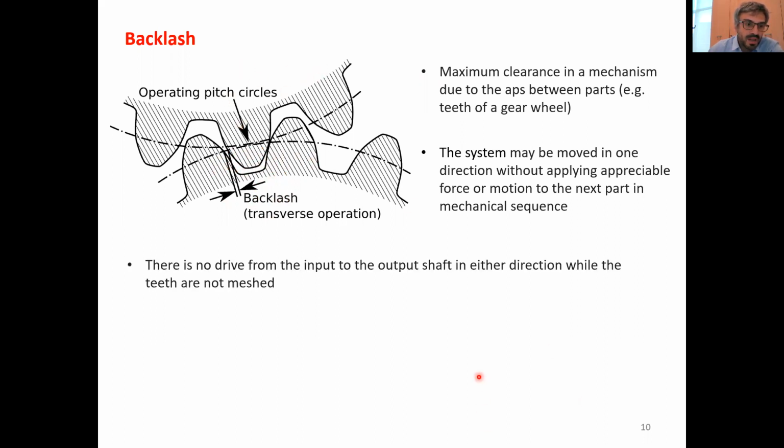Because of this lack of driving, we can have many problems, like limit cycles, oscillations, instabilities and vibrations, and it's very bad for control.